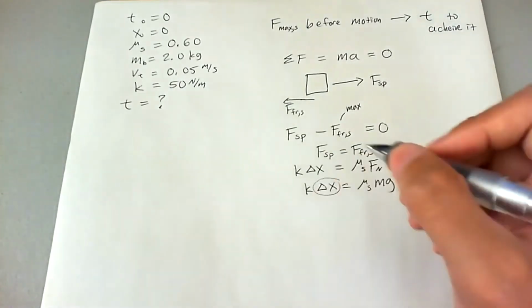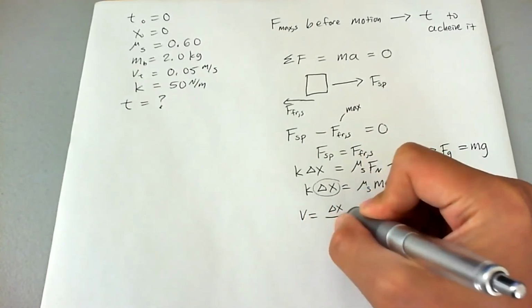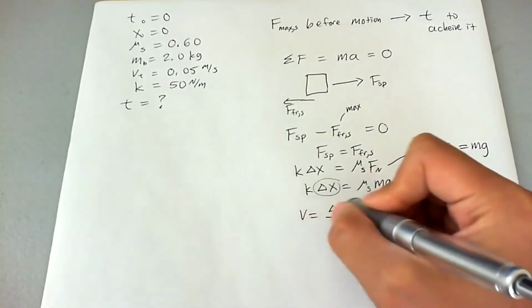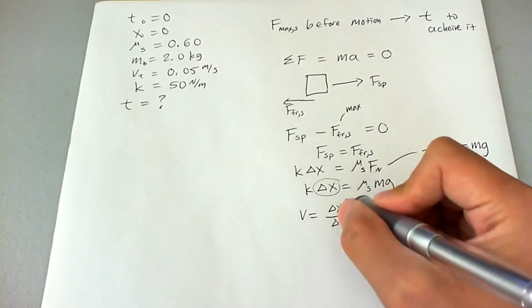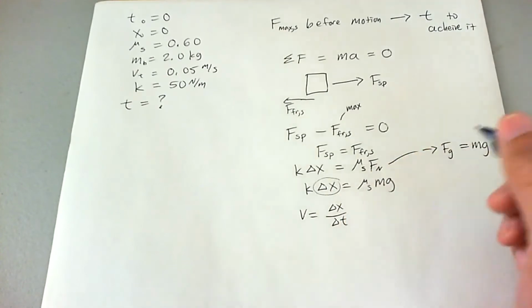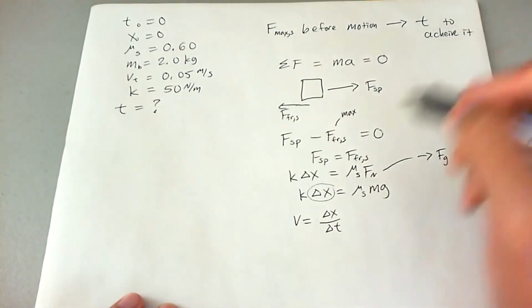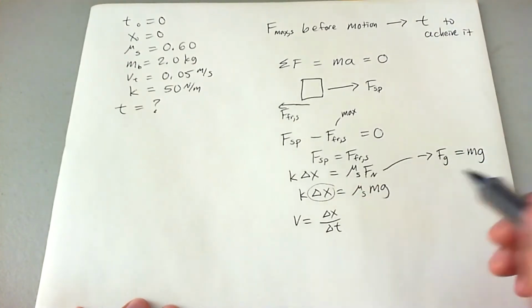I know that v is delta x over delta t. I know what v is, so perhaps I can turn delta x into a function of v and delta t. That will give me the t it takes to achieve this scenario.